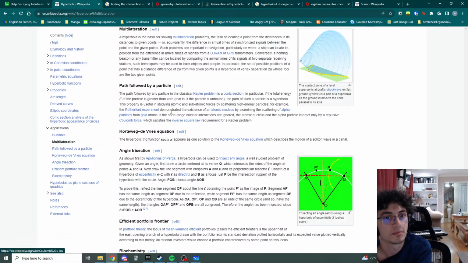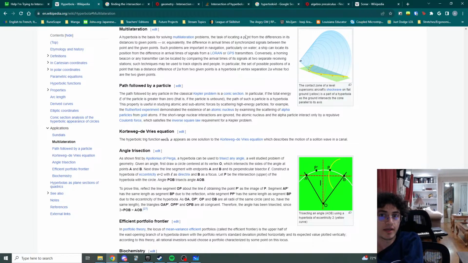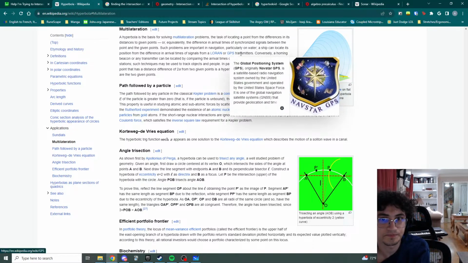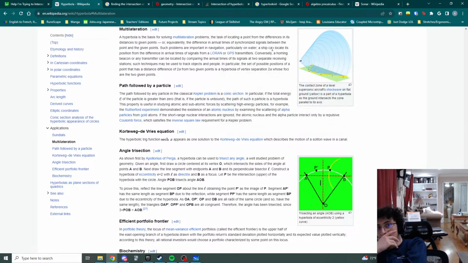All right. Applications. Multilateration. The task of locating a point from the differences in its distances. Yep. Okay, so maybe I should look into GPS and how GPS works, some of those equations.